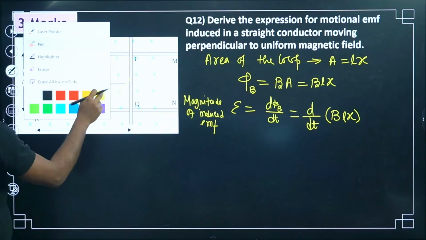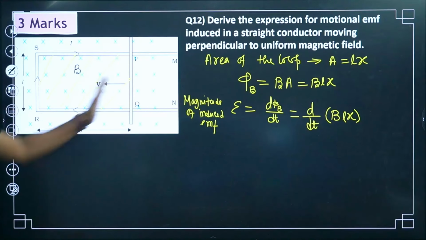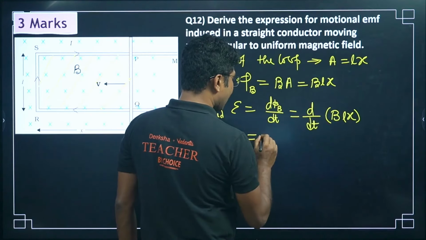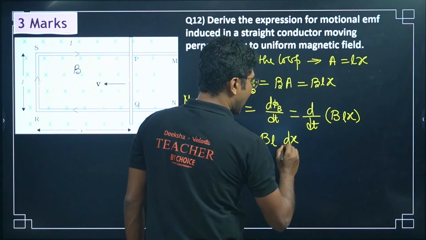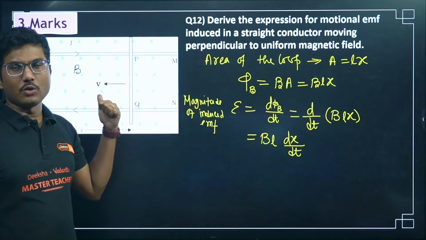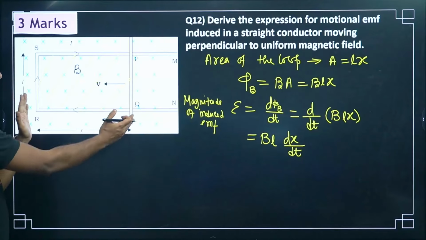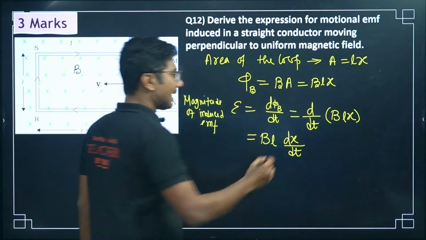Now the magnetic field is constant, the length is constant, it is not changing. The only thing which is changing is this X. If anything is constant, that comes out of the differentiation, we know that, so it will be dx by dt. If you go back to your first few concepts, dx by dt is the rate of change of displacement, which is exactly equal to velocity.